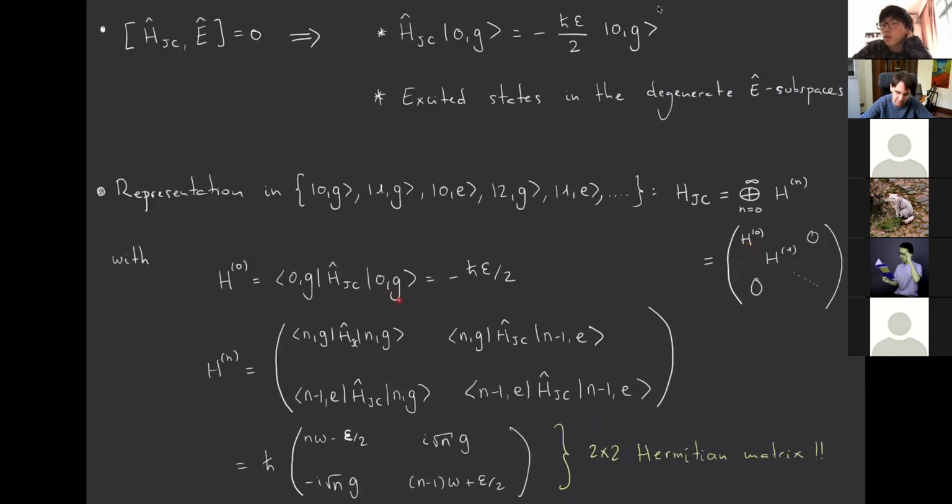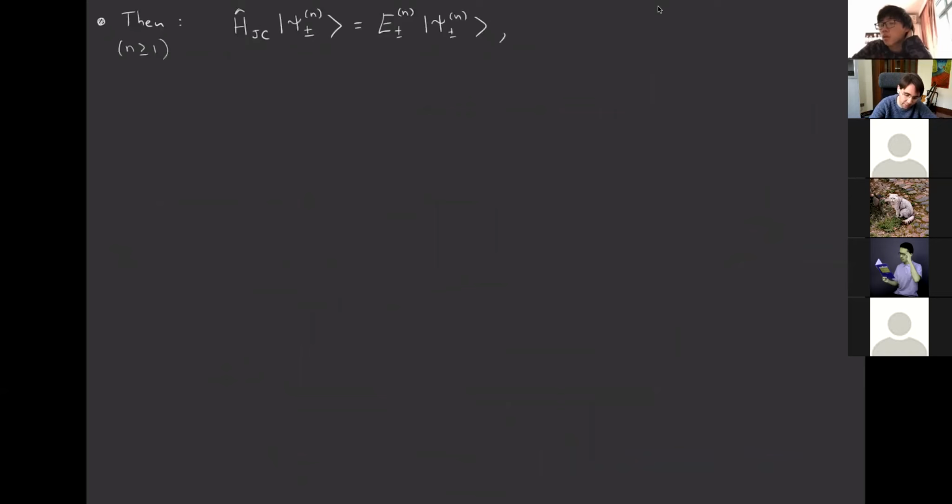So we have a single vector, 0g. And then what we get is the following. Regarding the energies, the energies will be given by this expression here, which we will interpret in a second.